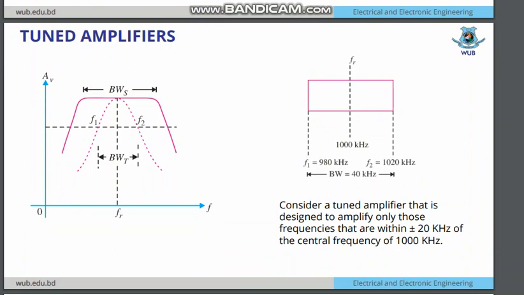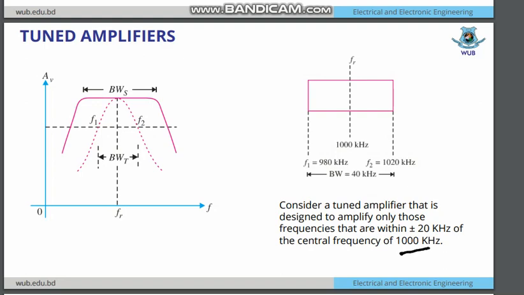Here is the tuned amplifier operation. As you can see, consider a tuned amplifier that is designed to amplify only those frequencies that are within plus or minus 20 kHz of the central frequency of 1000 kHz. First of all, you have to calculate the total bandwidth. What will be the central frequency?